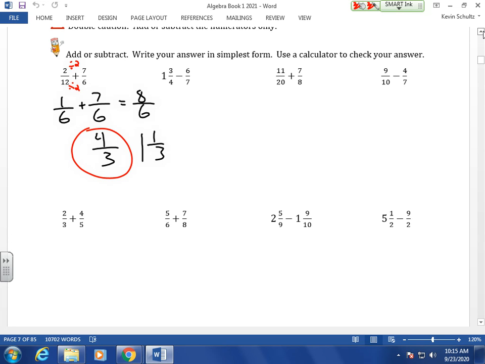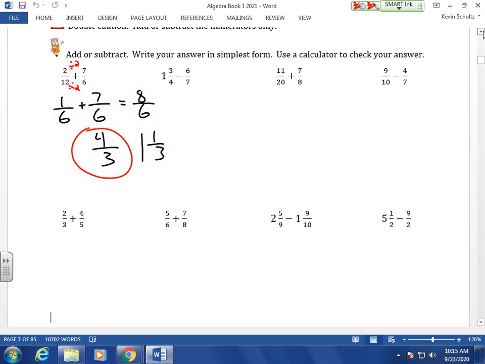Yeah. 2 and 5 ninths minus 1 and 9 tenths. So if you are given a mixed number, my recommendation would be to convert them each to improper fractions first, and then do your calculations, the common denominator, simplify, do all that stuff.